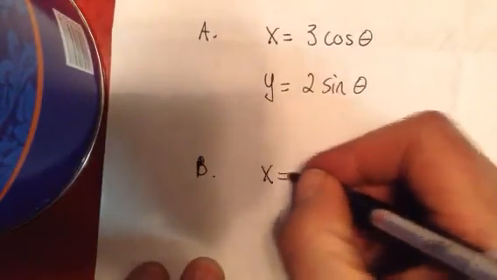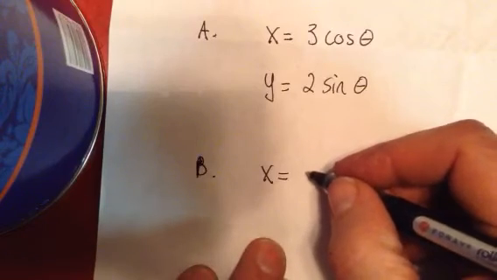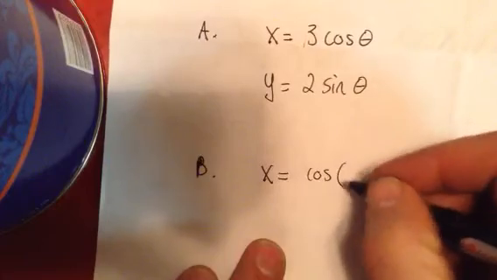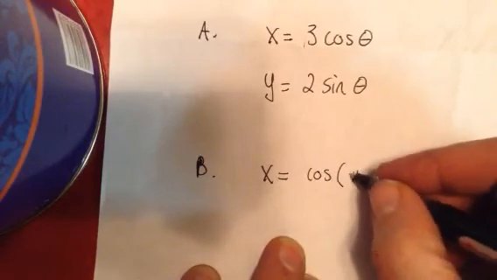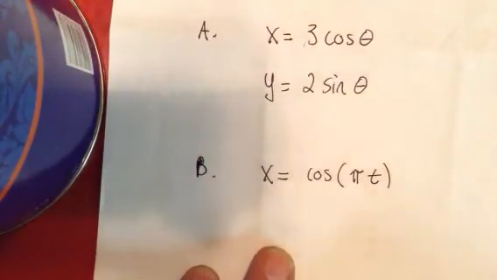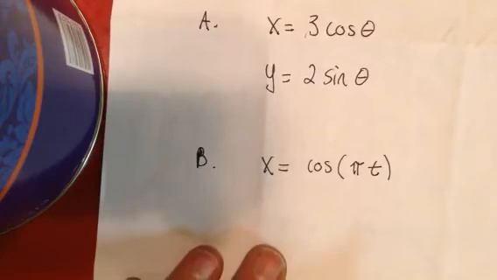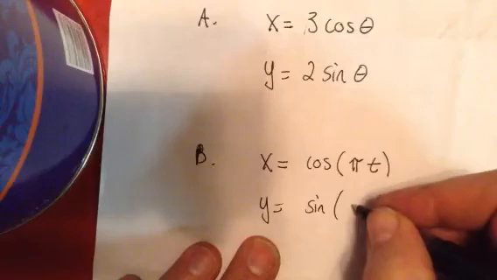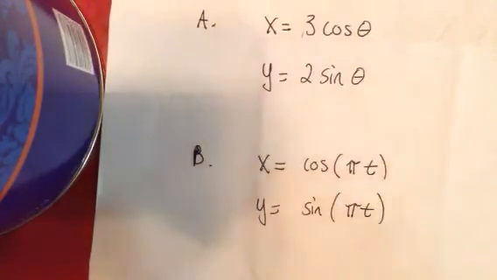Second one. We'll get rid of the 3 and the 2 and we'll just make it cosine of theta. Wow, I meant t up there. You can use theta if you want. X is cosine of pi t, and y is sine of pi t.